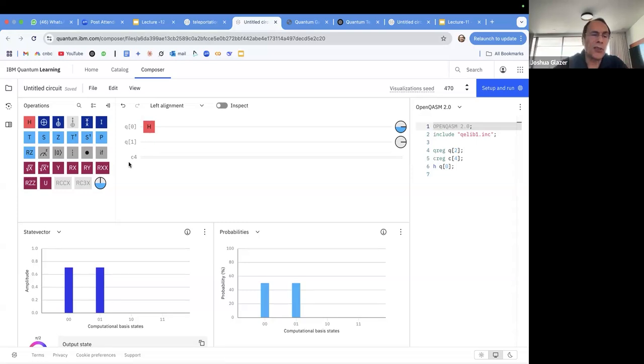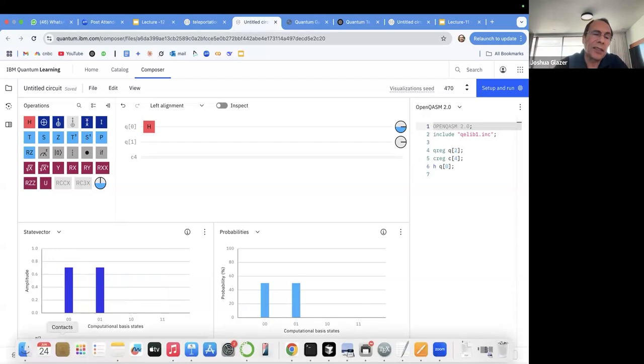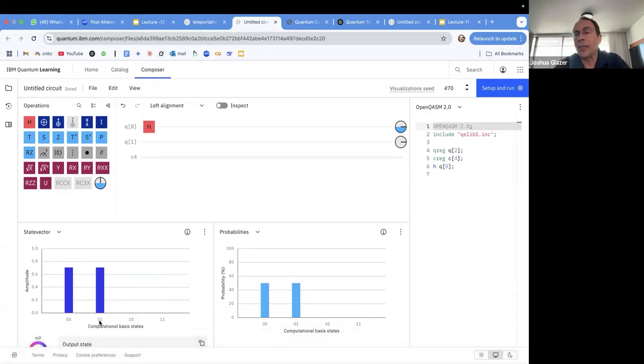So the two options that we have are 0, 0 and 0, 1, because this 0 can be before the 0 here and can be before the 1 here. So actually, the state or the wave function of the system is very simple. It can be either 0, 0 or 0, 1.